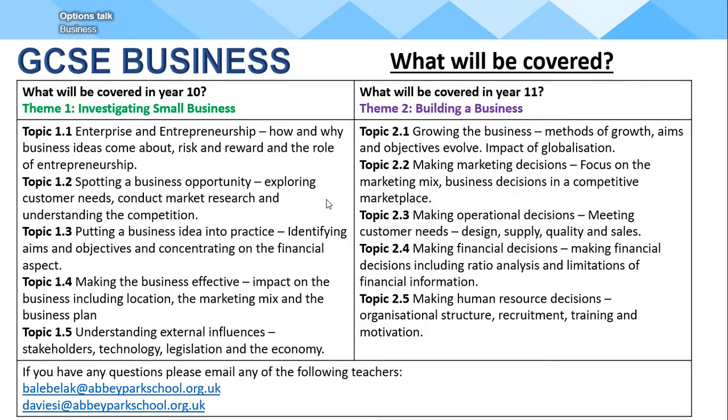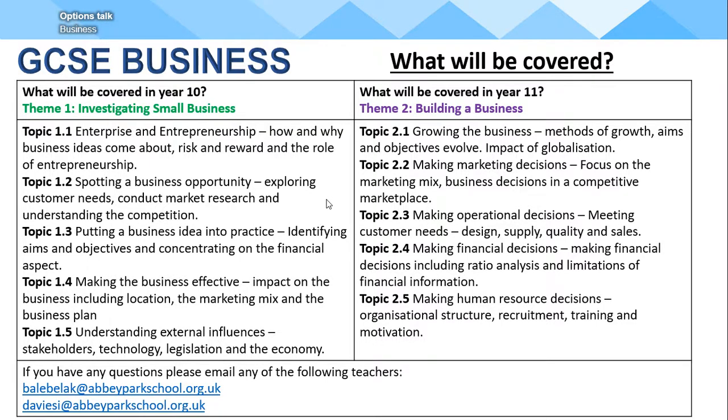What will be covered in the GCSE Business course? Well, in Year 10, pupils will look at the following topics. They will look at enterprise and entrepreneurship, spotting a business opportunity, putting a business idea into practice, making the business effective, and understanding external influences.